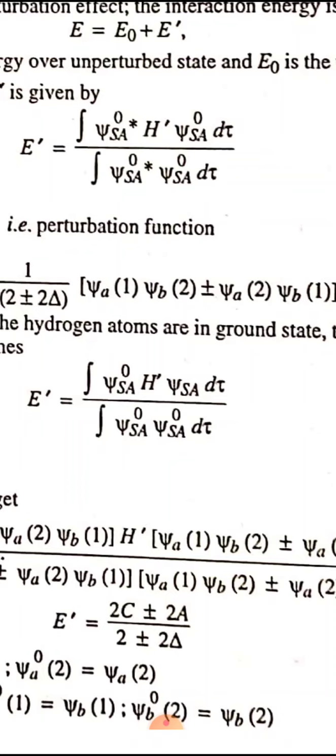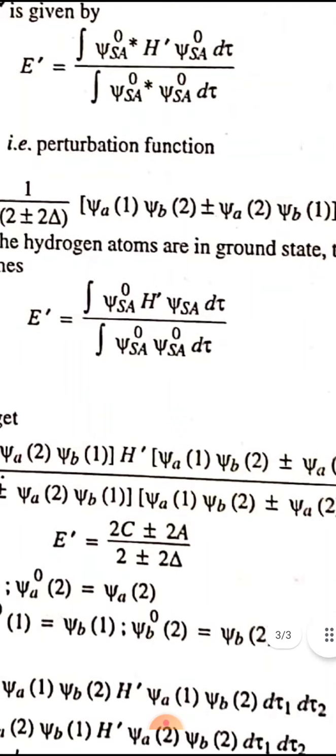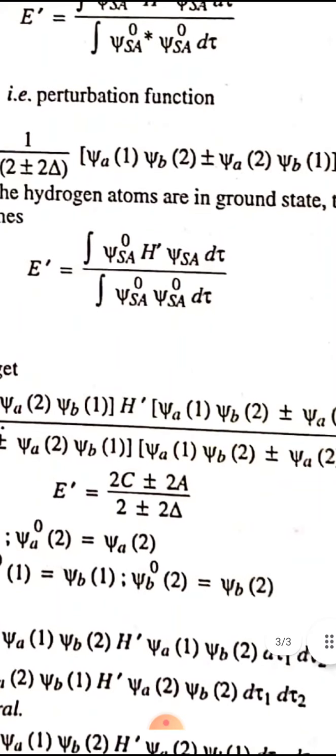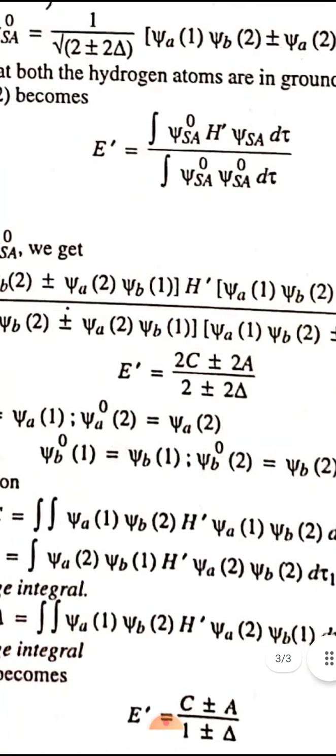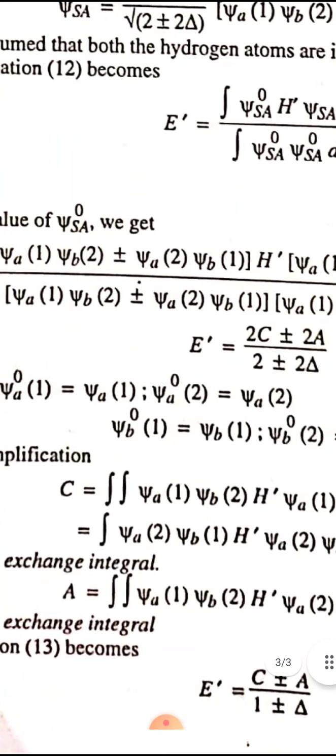Therefore, psi 0 star equals psi 0 SA. Now, substituting the values of the wave functions psi SA, the E dash expression becomes 2C plus or minus 2A divided by 2 plus or minus 2 delta, by simplification.